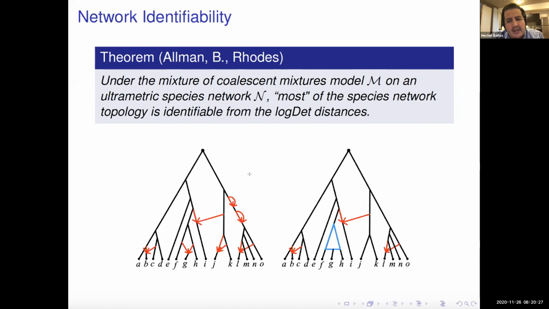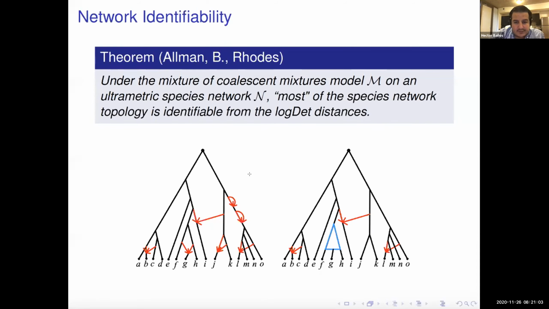Now, the proof of such an algorithm involves a couple of processes. The first part was to identify where in the simplex these points will lie, and that involved some conditioning on the coalescent process, because we have a network and then we write that network as a linear combination of coalescent processes on the underlying trees, but up to some conditioning on whether a coalescent event has occurred before or after the hybridization.